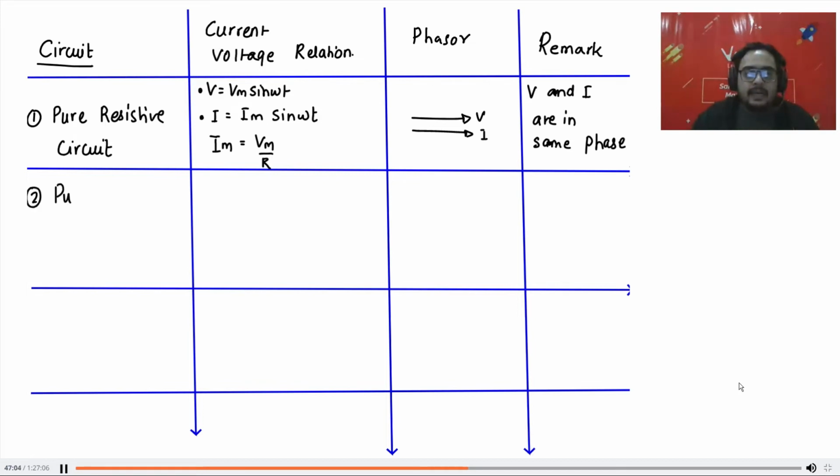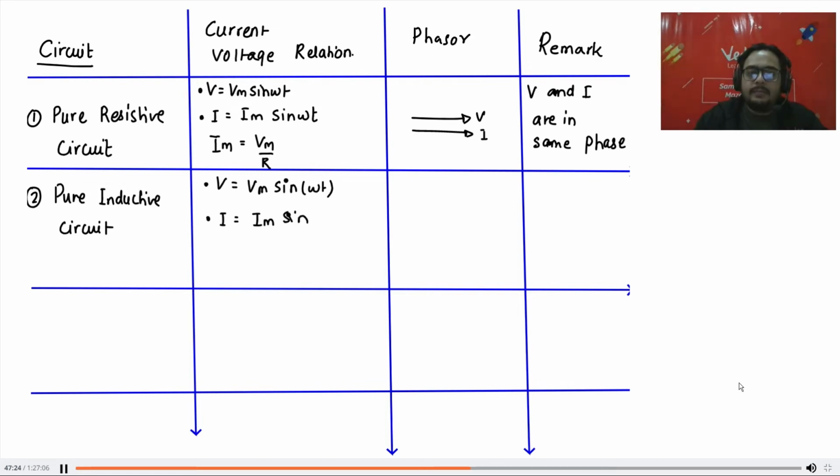Similarly, if I write about the pure inductive circuit, if voltage is given as Vm sine omega t, current in the circuit is Im sine omega t minus pi by 2, where Im is Vm by XL and XL is omega L. Here you can see current lags the voltage by pi by 2.